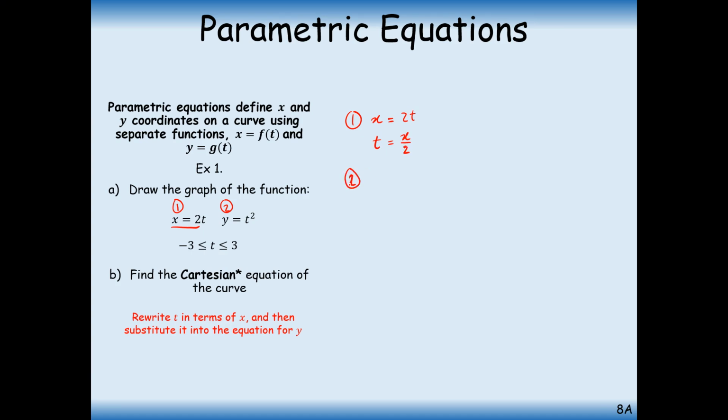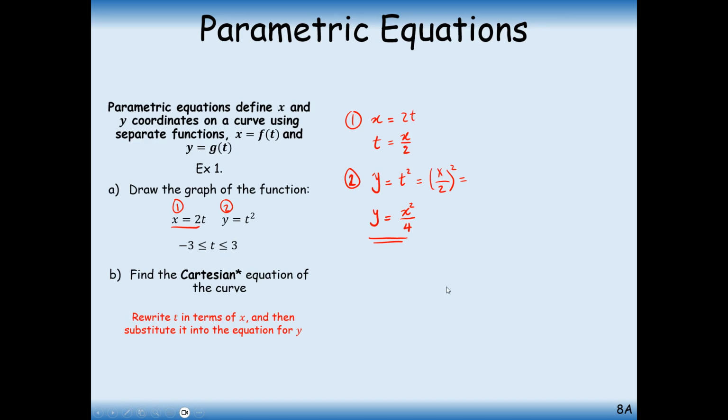Now we substitute this t value into the second equation, where we have t squared, that means that x over 2 must be squared. Therefore, we can eliminate t and have y being equal to x squared over 4. And that's the meaning of a Cartesian equation. This is the final answer we're looking for.